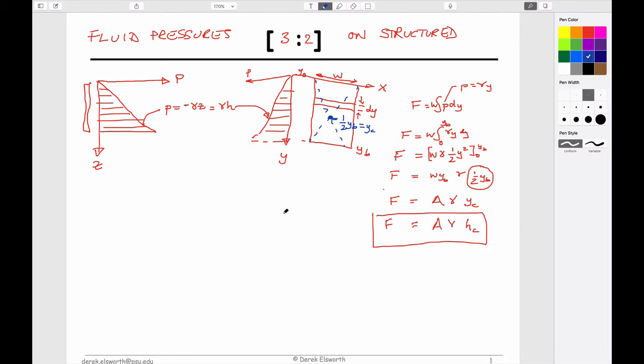And this is always true. This is always true so long as the depth of the centroid is measured from the free surface.